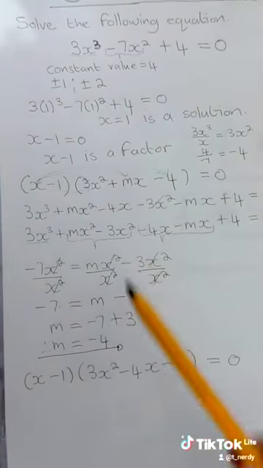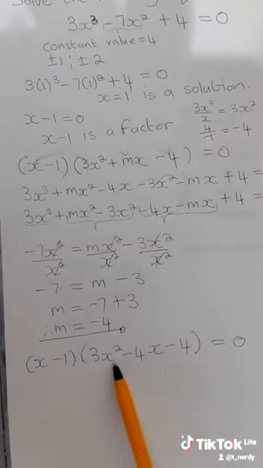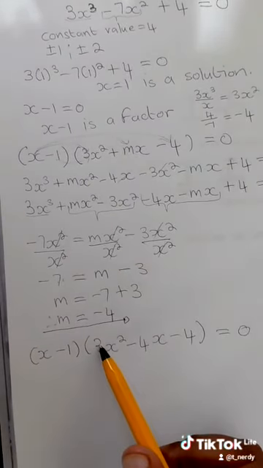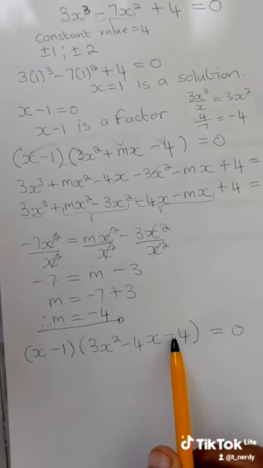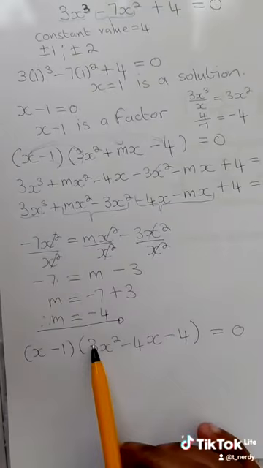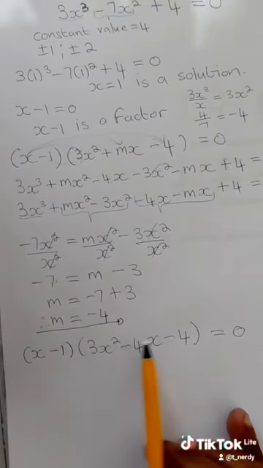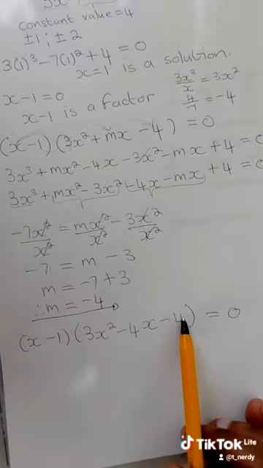And then the second part is for us to factorize this quadratic part. So in order to factorize this part, you're going to say 3 multiplied by negative 4. So you first take the first term and multiply it by the last term. What are you going to get? 3 multiplied by negative 4, you're going to get negative 12.